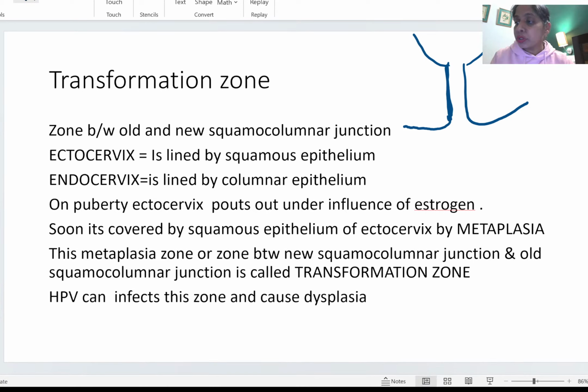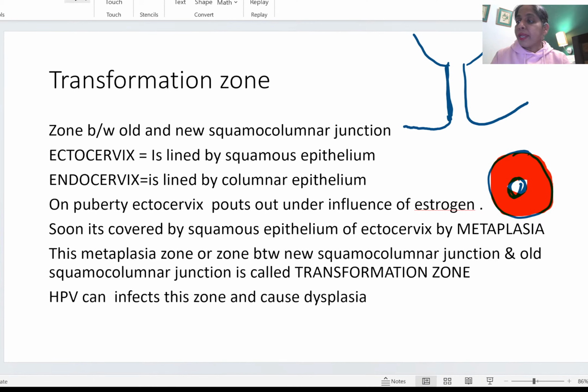If we draw it in the horizontal section, the one which is visible, all this is the ectocervix, right? And the one which is not visible in the horizontal section, this tube which is inside, is the endocervix, right?